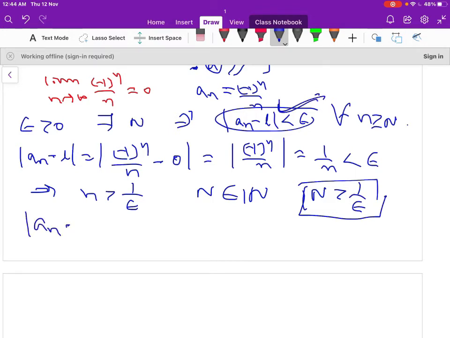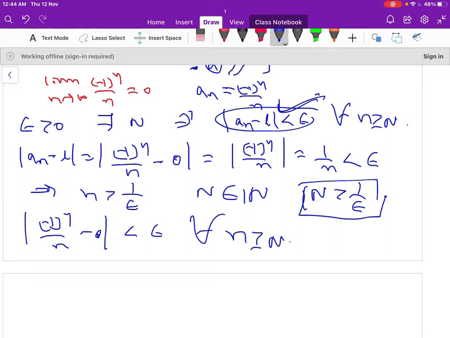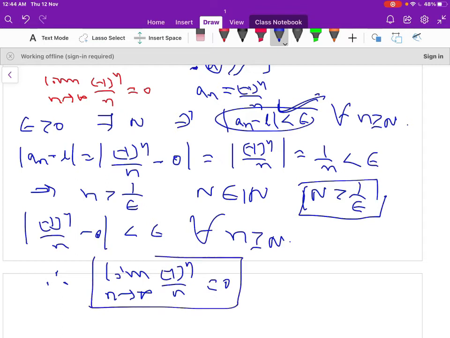Therefore, modulus of minus 1 to the power of n by n minus 0 is less than epsilon for all n greater than or equal to N. So therefore you can write the limit of the sequence minus 1 to the power of n by n as n approaches infinity is 0. It approaches the finite value 0, therefore the given sequence is a convergent sequence and it converges to 0.